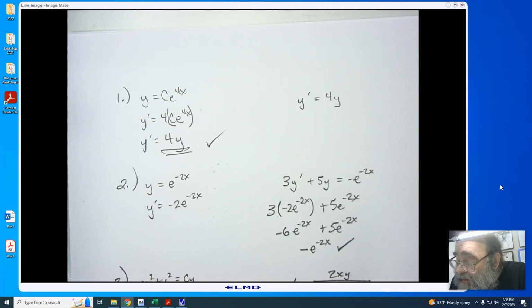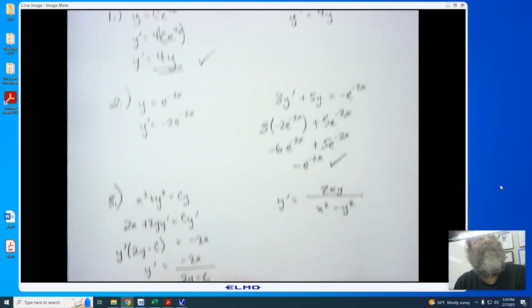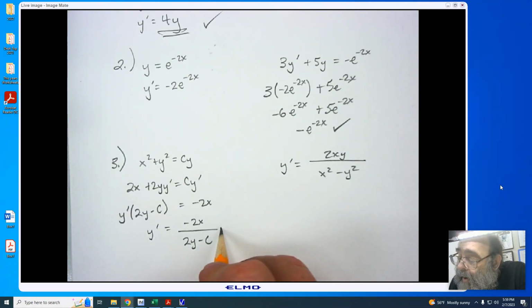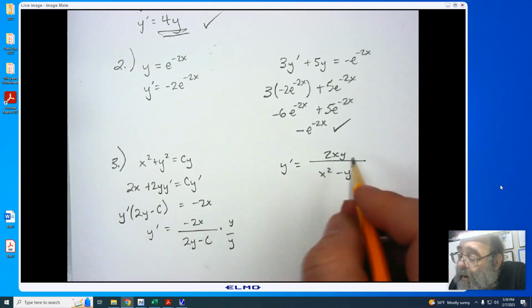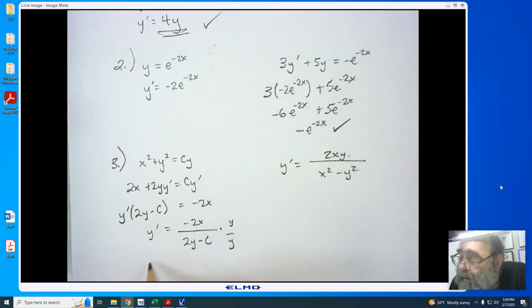Moving the 2x to the right and factoring out y prime from the 2y minus cy, I'm then looking at y prime is equal to negative 2x over 2y minus c. I'm going to multiply by y over y. We know that because we got a y in the numerator.